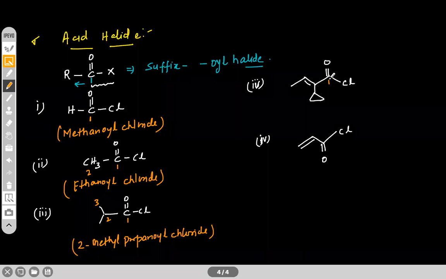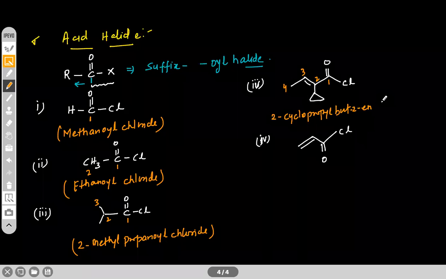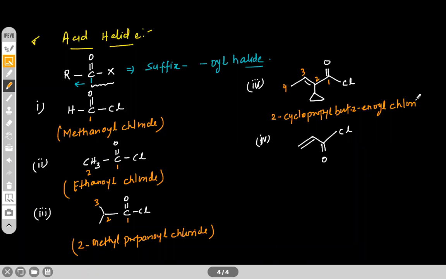This one is 1, 2, 3, 4, so 2-cyclopropyl, sorry, there's no hyphen here, but 2-ene, 2-enoyl chloride. 1, 2, and 3.